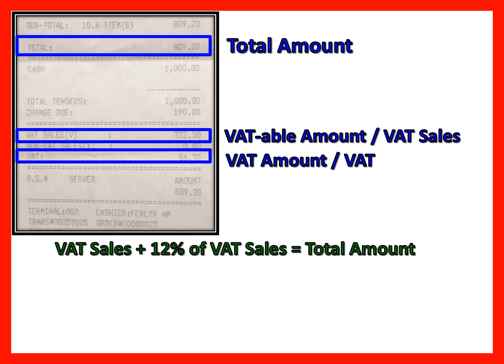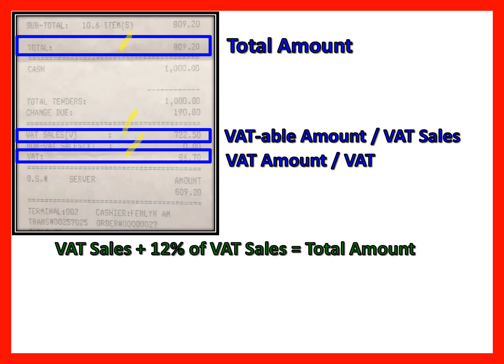So, let's compute. We will use the formula: VAT sales plus 12% of VAT sales equals total amount. As you can see, if we add this 722 pesos and 50 centavos and the VAT of 86 pesos and 70 centavos, we will get the total of 809 pesos and 20 centavos.